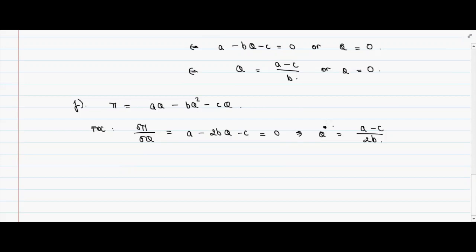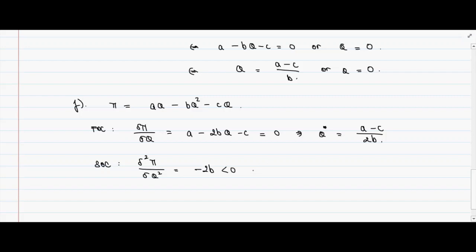Now to confirm that what I have found is a maximum point, I just have to find the second derivative, where I differentiate the first derivative again with respect to Q. If I differentiate this expression again with respect to Q, I get negative 2B, which is smaller than 0 again.